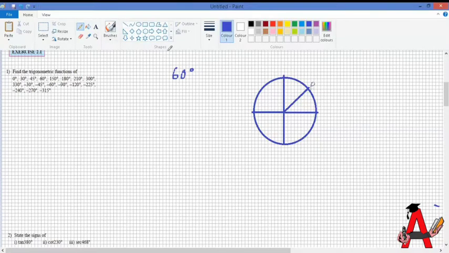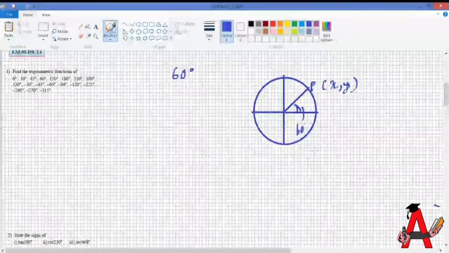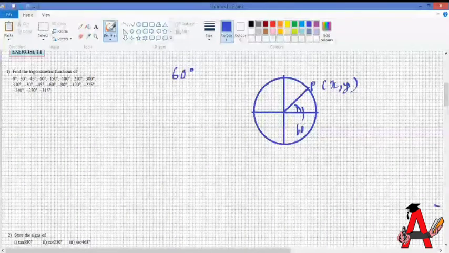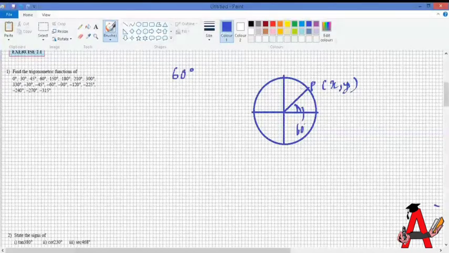Suppose this is P and this angle is 60 degrees. So P is your x comma y. Now I told you we use unit circles. So whenever we find out a trigonometric function, we assume that OP is 1.